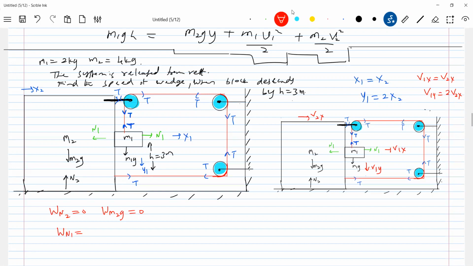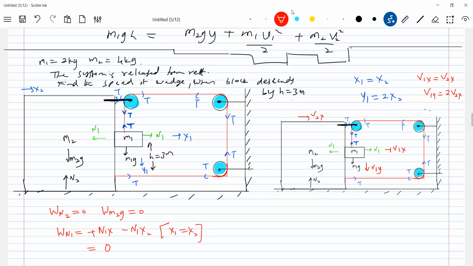N1 does positive work on the block, so here we write N1 into x. And it does negative work on the wedge. We know from the constraint equation x1 equals x2. Therefore, the net work done by the normal contact acting between the block and the wedge will be zero.